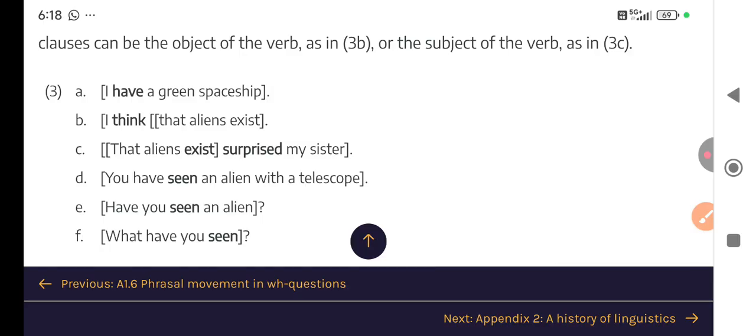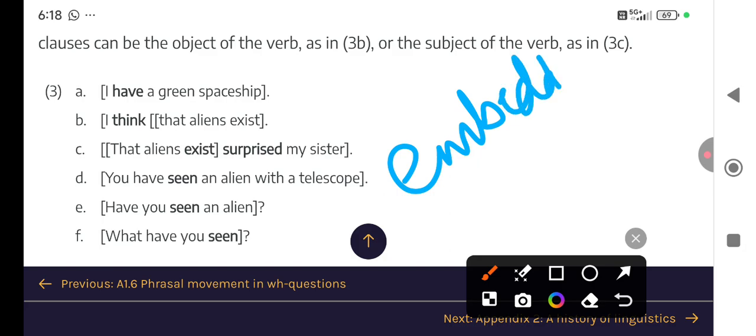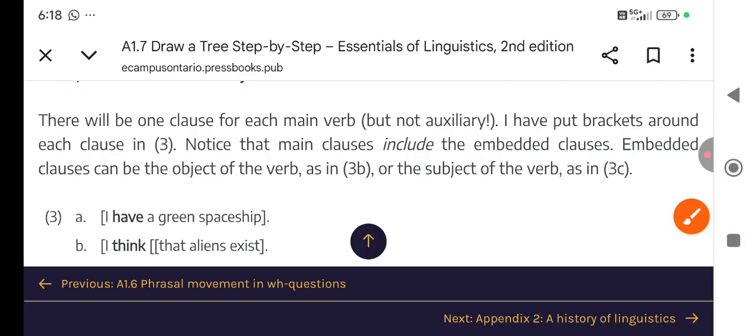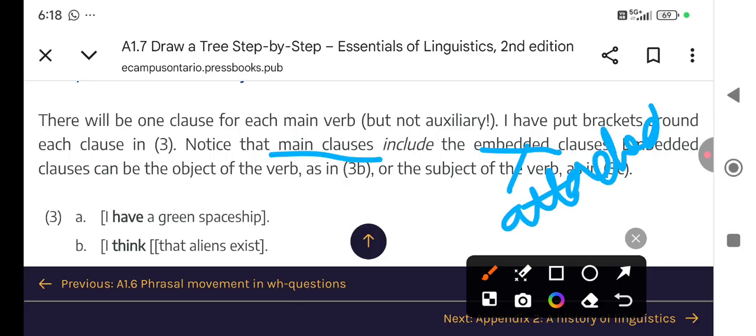The independent clause is the main clause, and the dependent clauses, maybe one, maybe two, are known as embedded clauses. Here you can say embedded clause. This is called embedded, or this is the main clause. That's the attached clauses, right? That is dependent and that is independent.